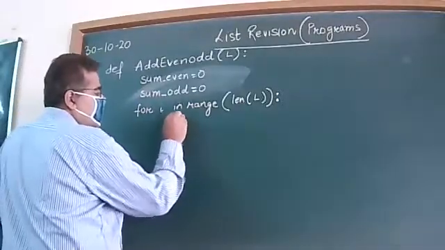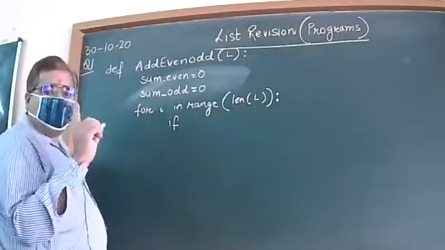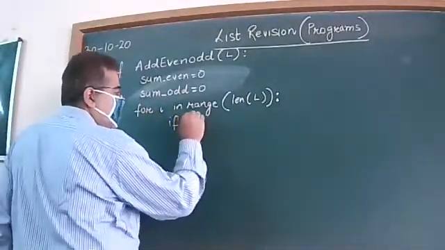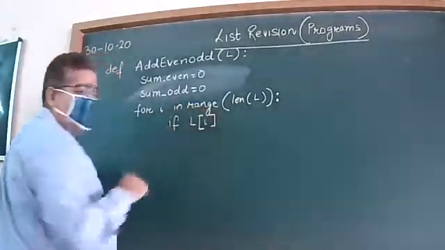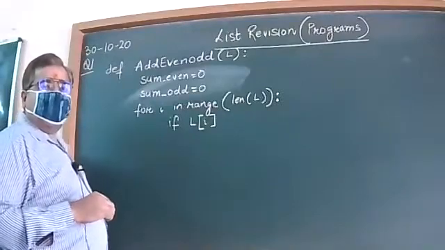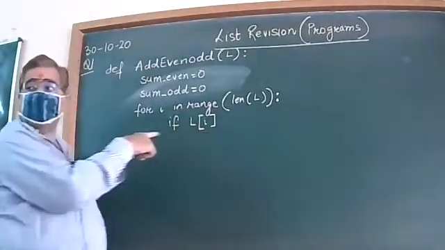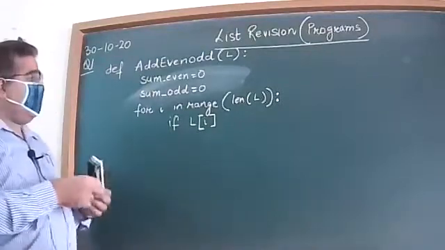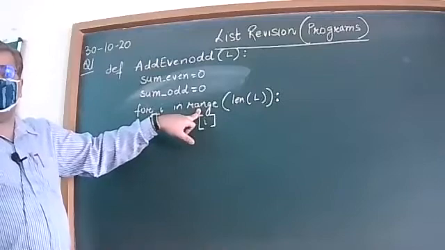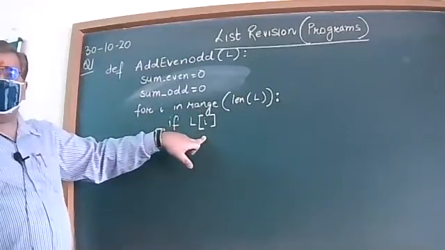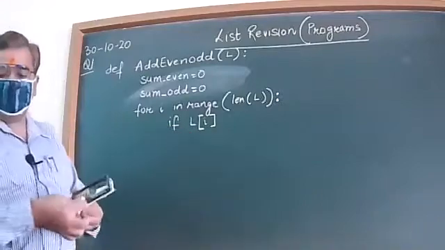Now, I will check whether the element is even or odd. How I will check? If my element, in order to denote the element, I will write L of I, because I have taken the for loop covering the range concept. So here I will access my element as L of I, right?